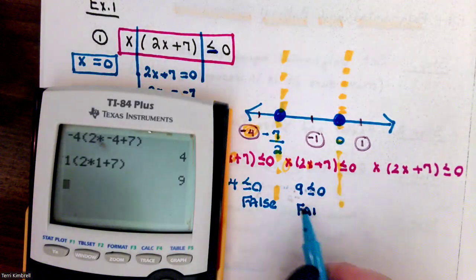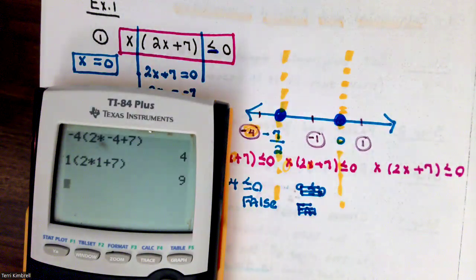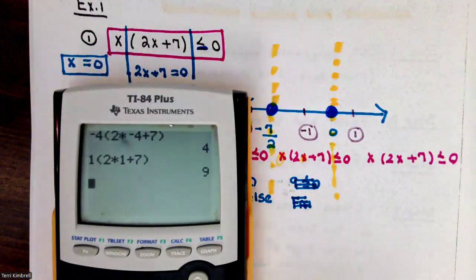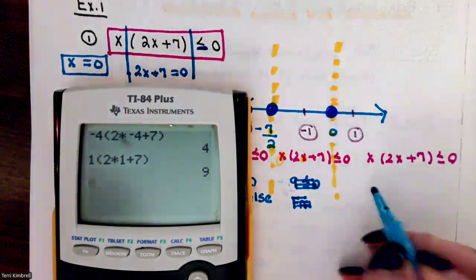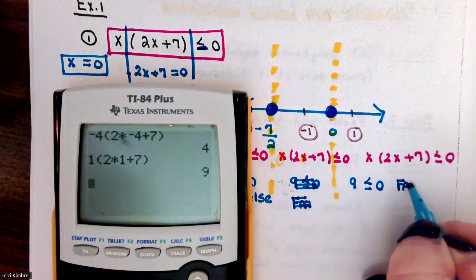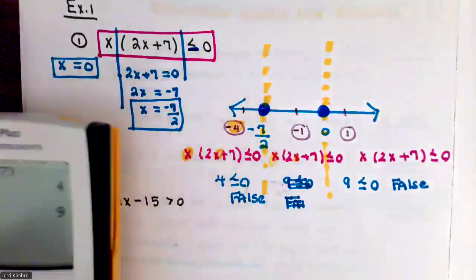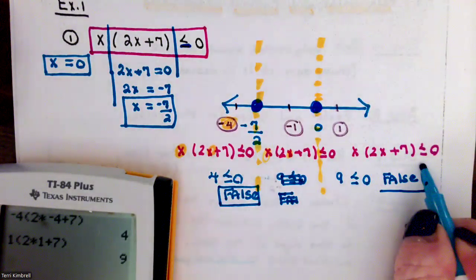And I did not put in negative 1, did I? So let's go back and put negative 1. So 1 over here that I just checked, this side is false because 9 is not less than or equal to 0. So the left and the right is false.